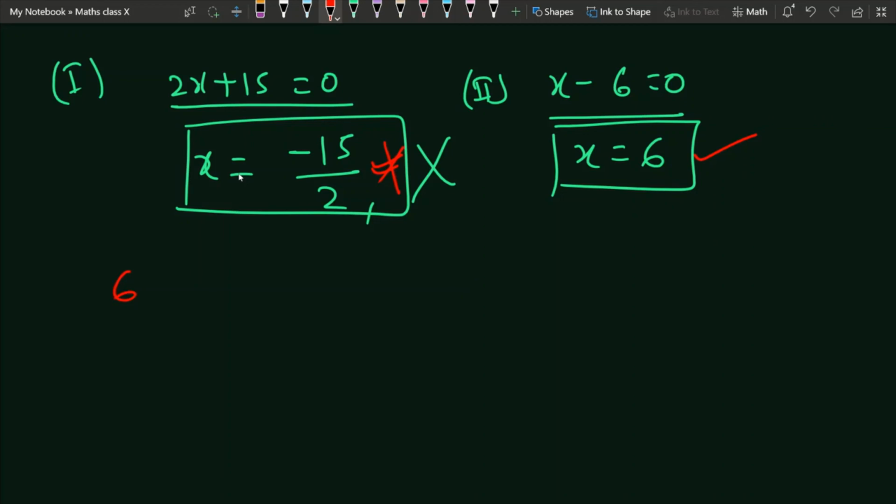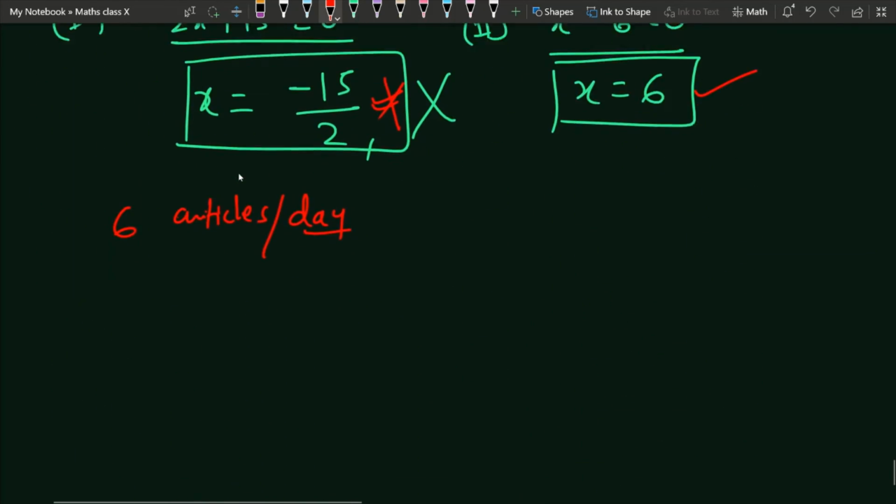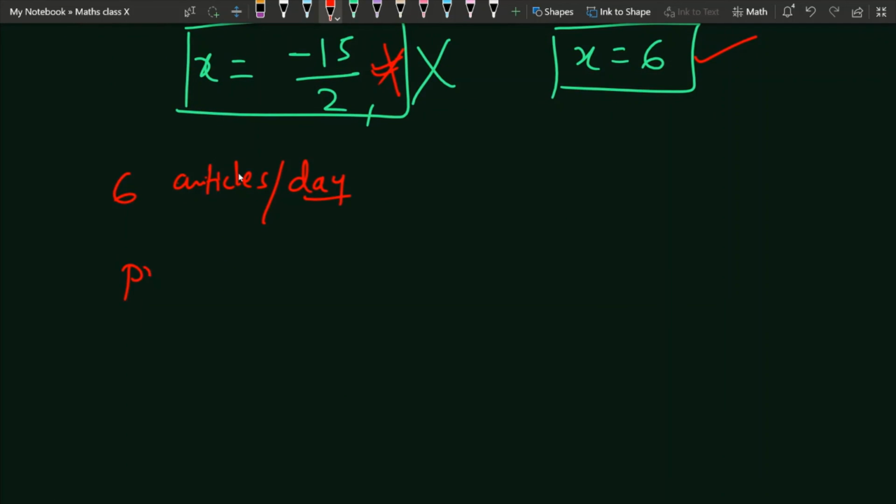So they are producing a total of 6 articles per day, and the price of each article, remember, it was 2x plus 3.